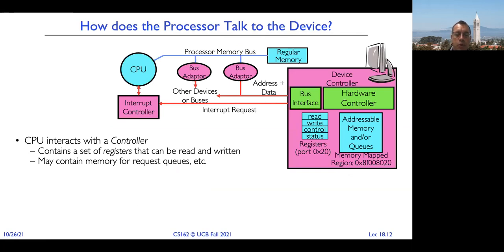So here, let's go into a little bit more detail. How does a processor talk to all these devices? Okay. So here is a CPU, and you have the memory, and you have a memory bus here, and now this is connected through a bus adapter to get data from this device controller, right?